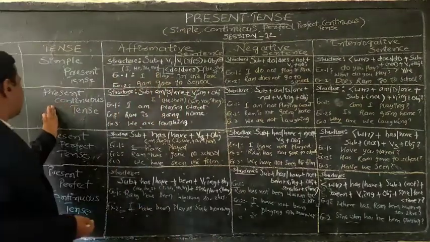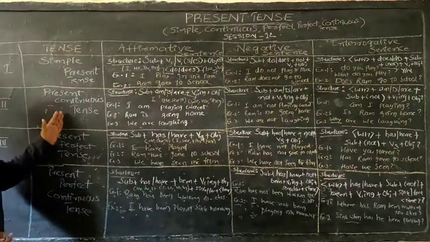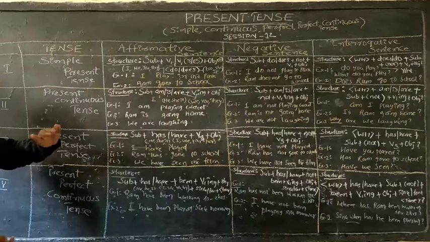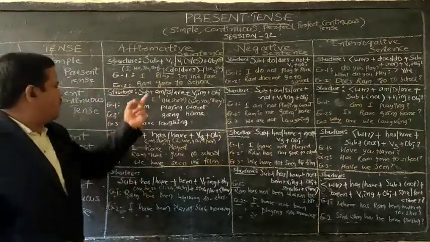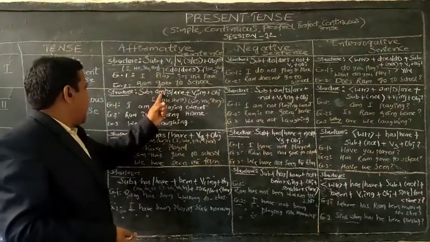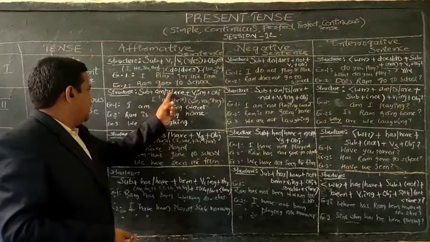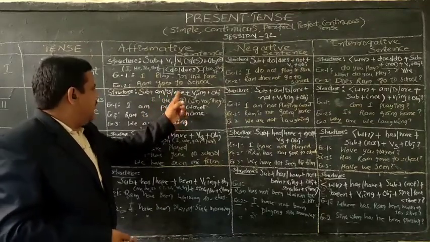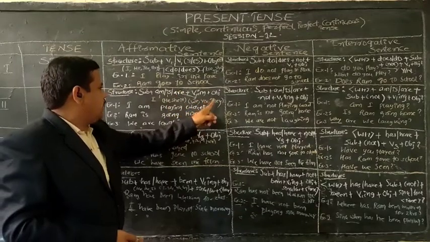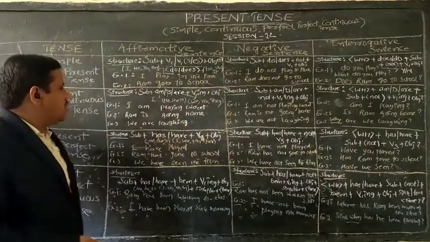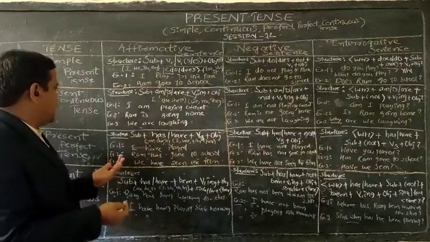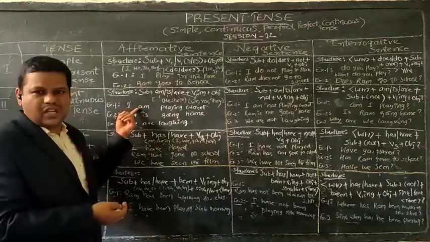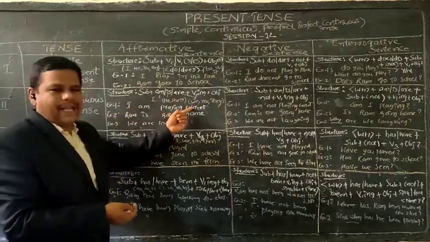See, the second one is present continuous tense. In the present continuous tense, we use three helping verbs with the subject: am is used with I, is is used with he, she, it, that is third person singular, and are is used with we, you, they. So what examples can we write in this case? Observe carefully, students. Example number 1, I am playing cricket.